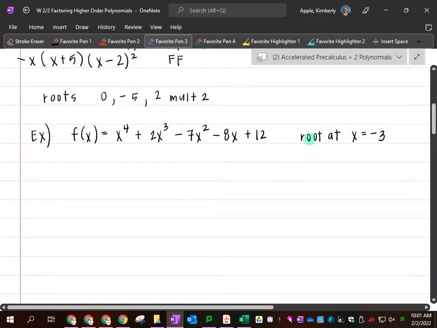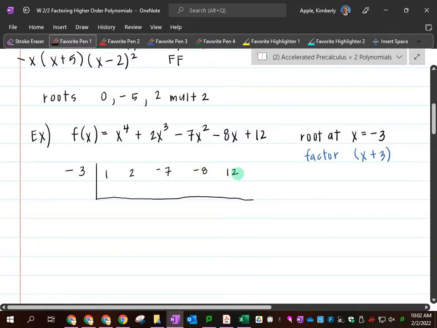So first thing, I know immediately that there is a factor of x plus 3. And then I just need to use synthetic division to take that factor out of this. So let's do that. This will be a -3 because I'm going to put the root on the outside. 1, 2, -7, -8, 12.